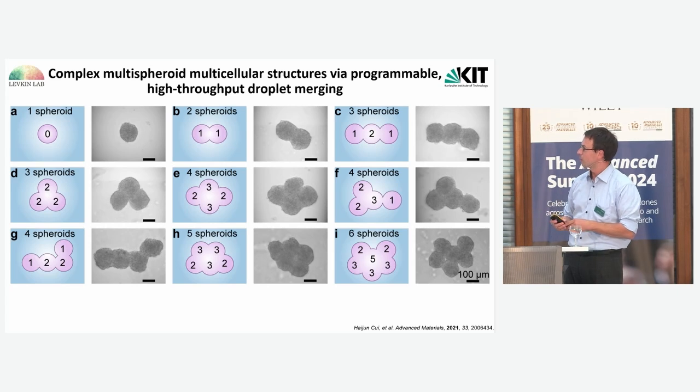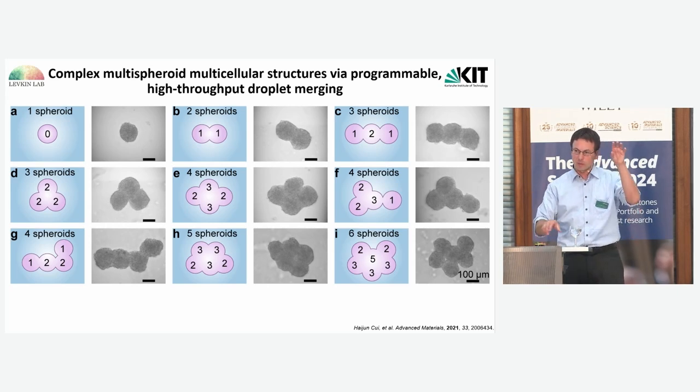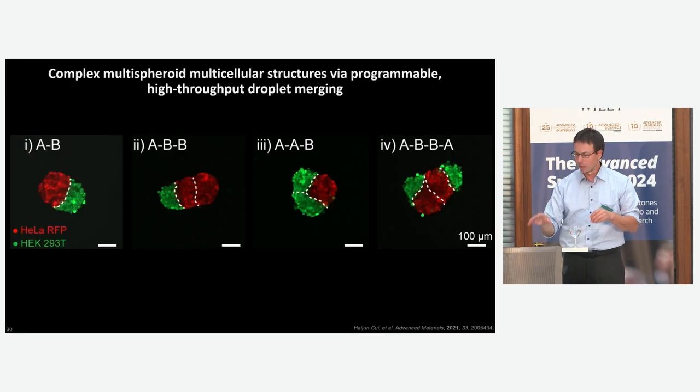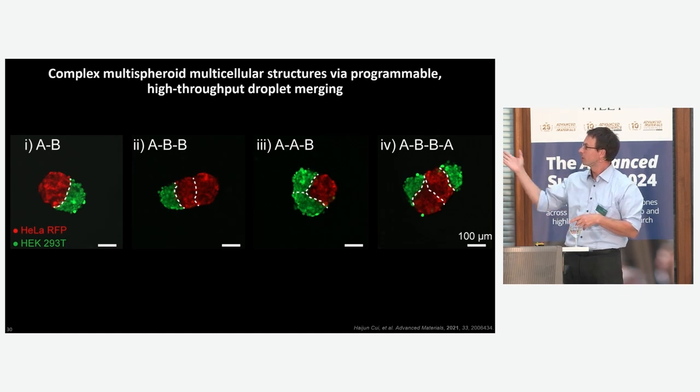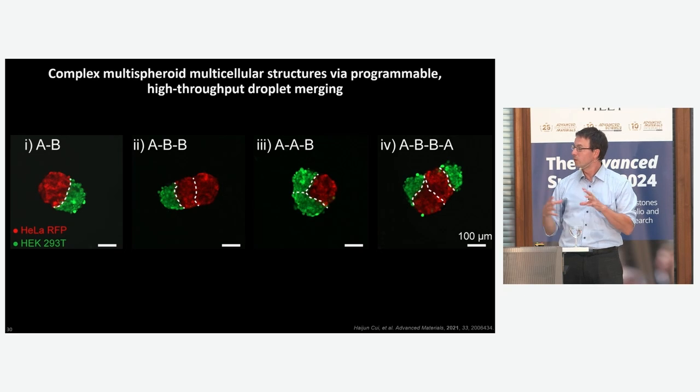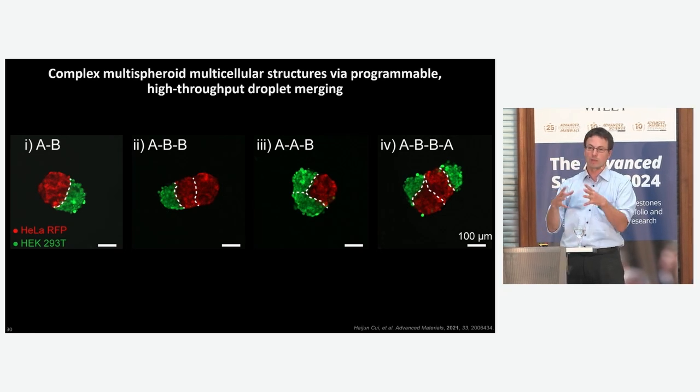What is also interesting here is that you can culture different types of spheroids from different cells and then merge them, and they also form complex 3D cell structures with interesting geometry, but also composed of different cell types. And the fusion process doesn't lead to mixing of the cells.